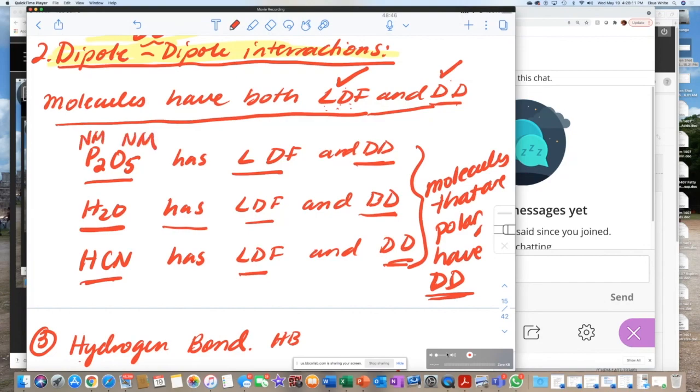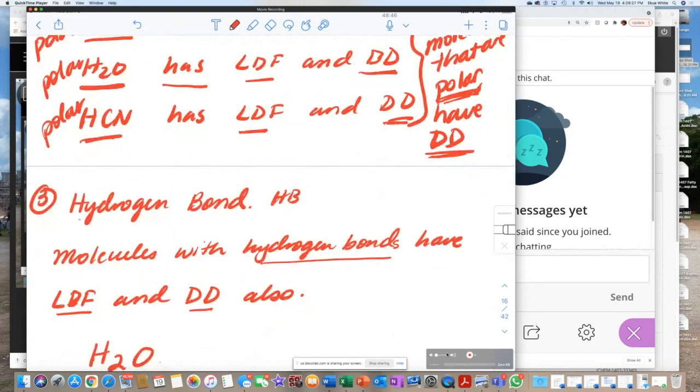Non-metal, non-metal. First check. Second, is it polar? We will go through that. This is polar, this is polar, this is polar. We will go through that process, right? We went through it in the previous lab, but we're going through it again. Then after we judge that it's polar, we'll say it has dipole-dipole interactive forces.